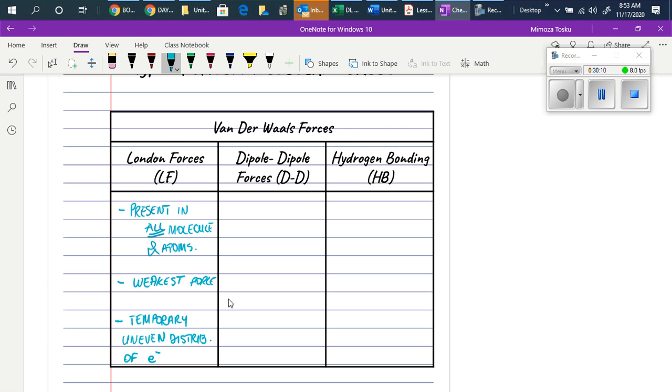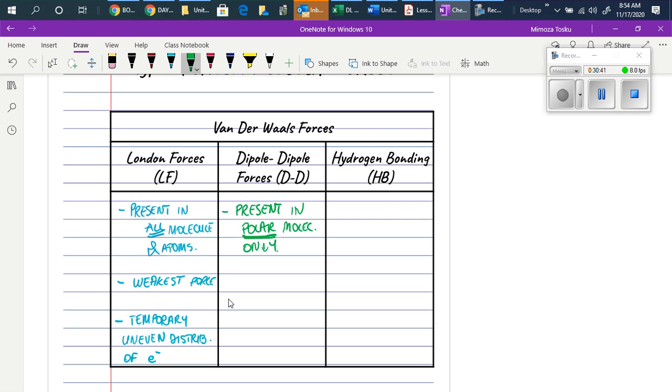Okay, next one is the dipole forces. Those types of forces are present in polar molecules only.